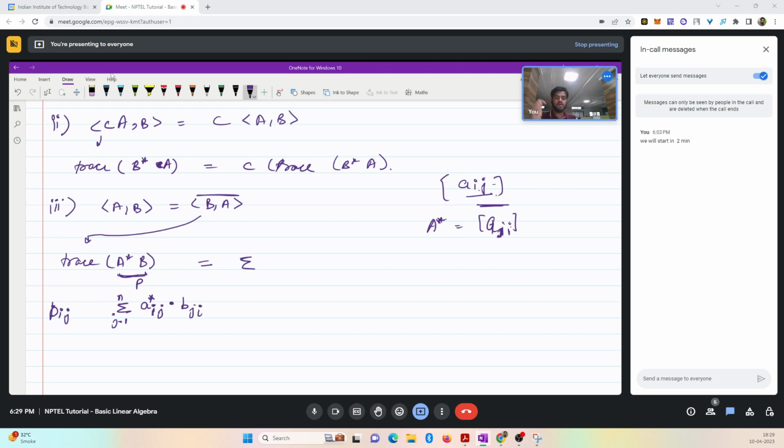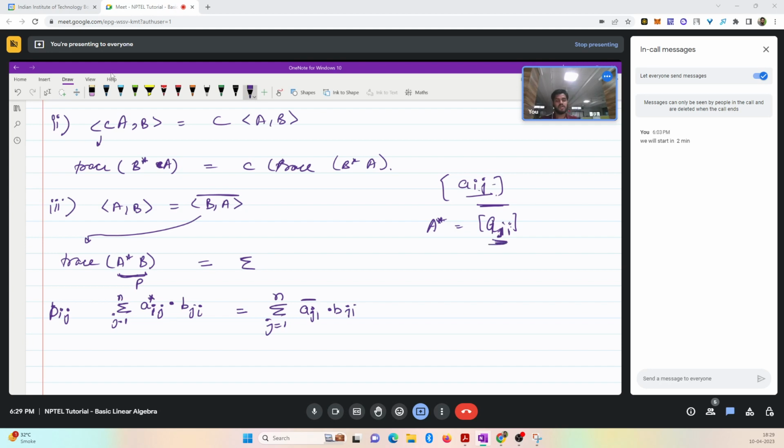Is that right? And now we can do one thing, that is, if we want to write it in terms of A, then this would be nothing but the sum over j is equal to 1 to n of Aji conjugate into Bji. We try to write it in the form of elements of matrix A.